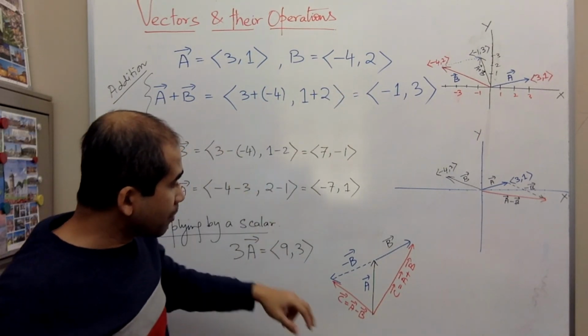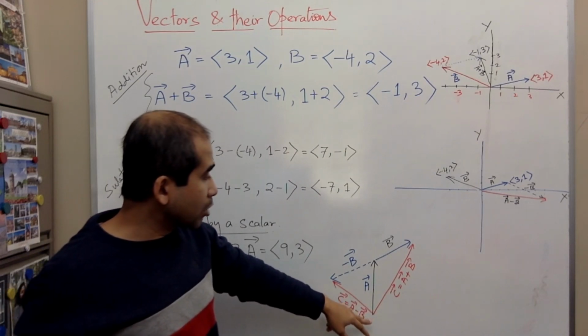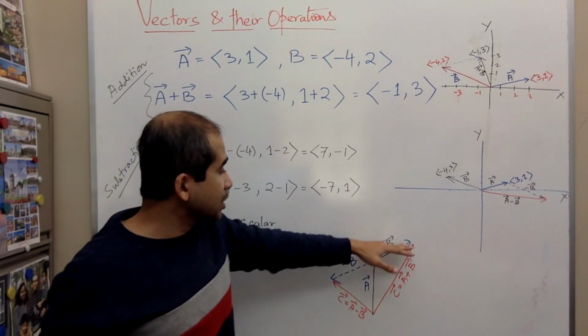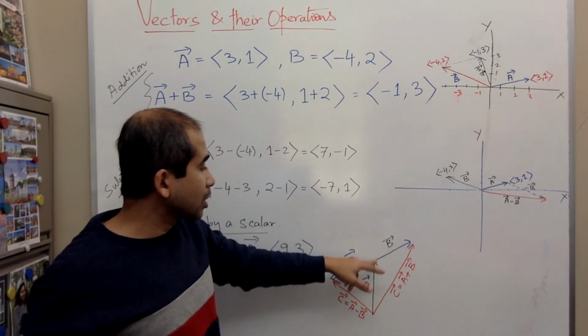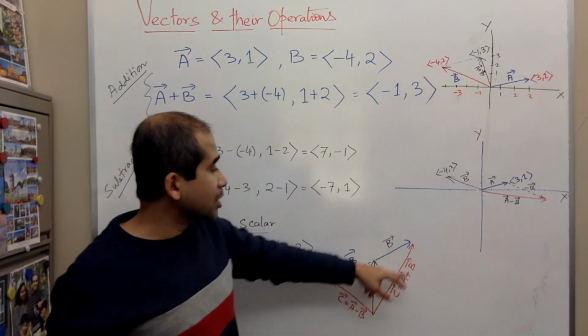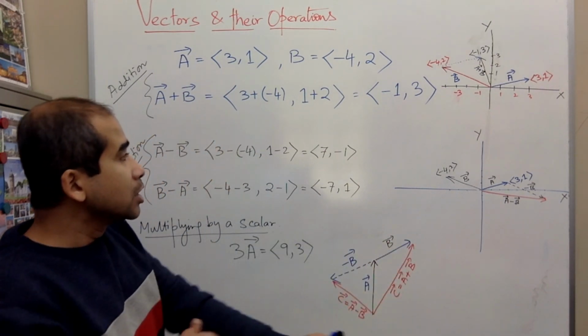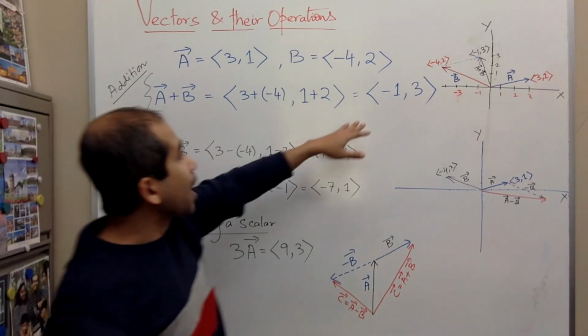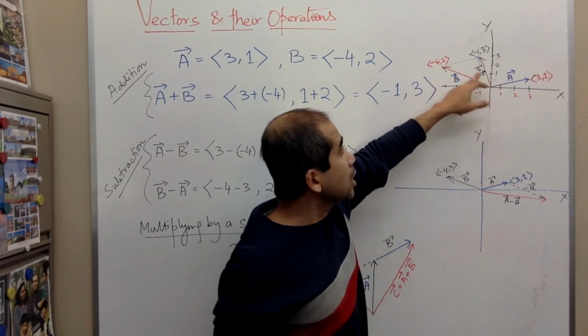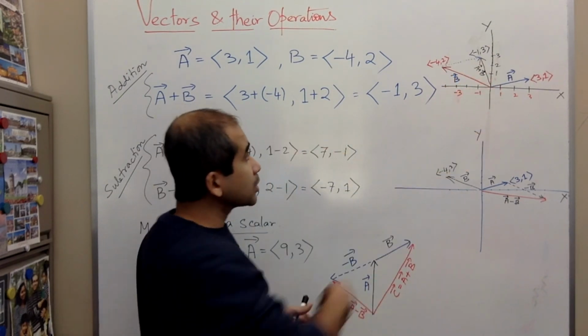If you remember, what we did graphically is we bring the vector B from some place and then add it at the tip of A. So A and B will be aligned like that, and the resultant vector will be C equal to A plus B. So mathematically now you see (-1, 3); I draw the resultant vector pointing to (-1, 3), which is A plus B, this black line.